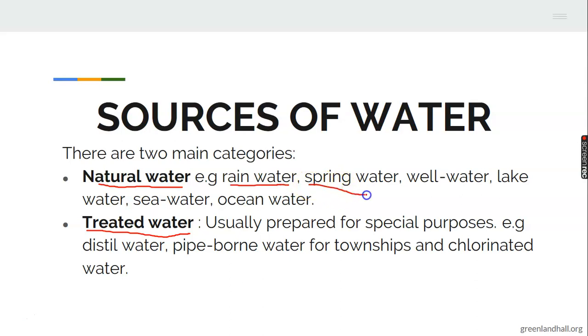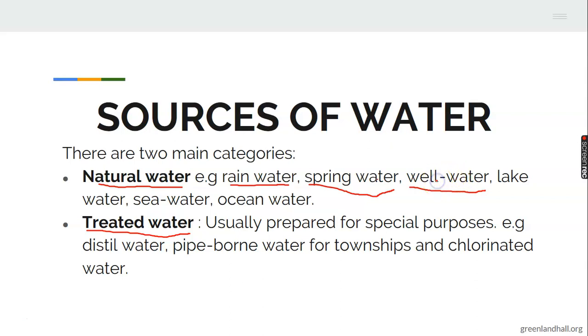The second one, which is spring water, is made up of considerable amounts of mineral salts. Then you also have suspended particles such as dust and bacteria. And well water contains clay and some mineral salts also.